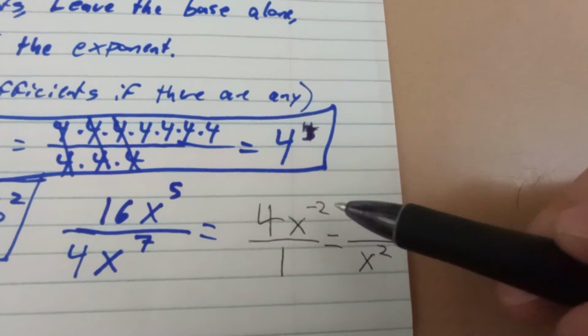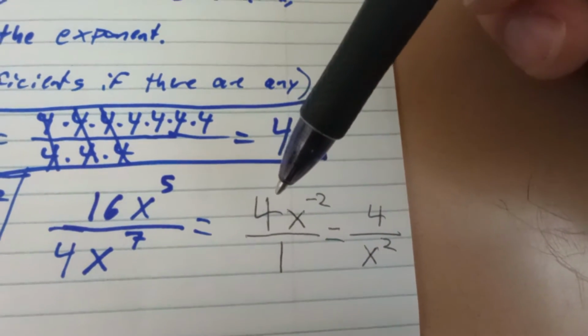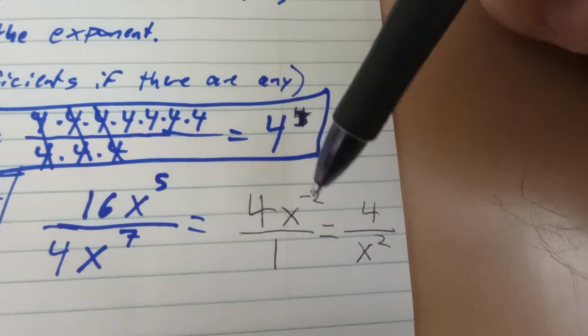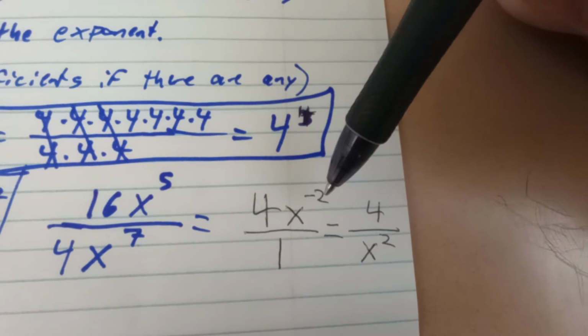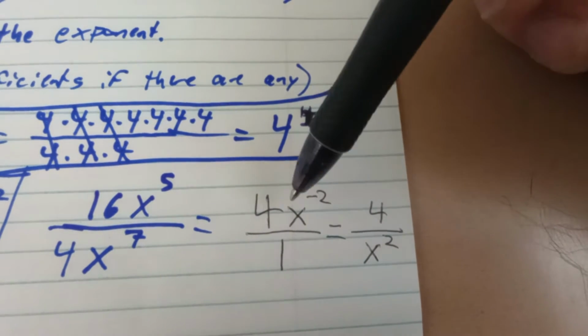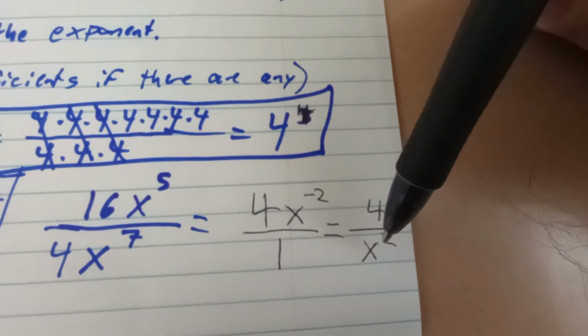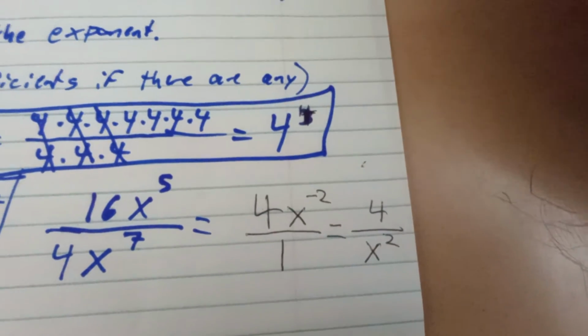Now, in my class, we've gone over this in our warm-ups a couple of times. What this means when you have x to the negative second power is you have x to the second power in the denominator. So we would take this and we would move it into the denominator.